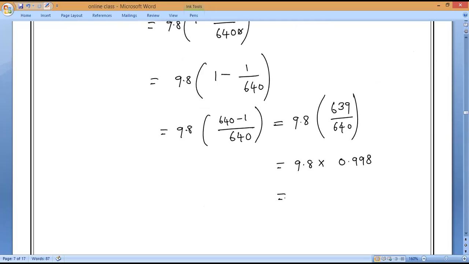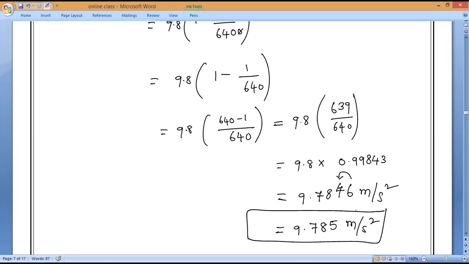Multiplying, how much will come, Hari? 9.7846 meter per second square, which I can write as 9.78. The next digit is greater than 5, so I can round up the previous digit and wind up.